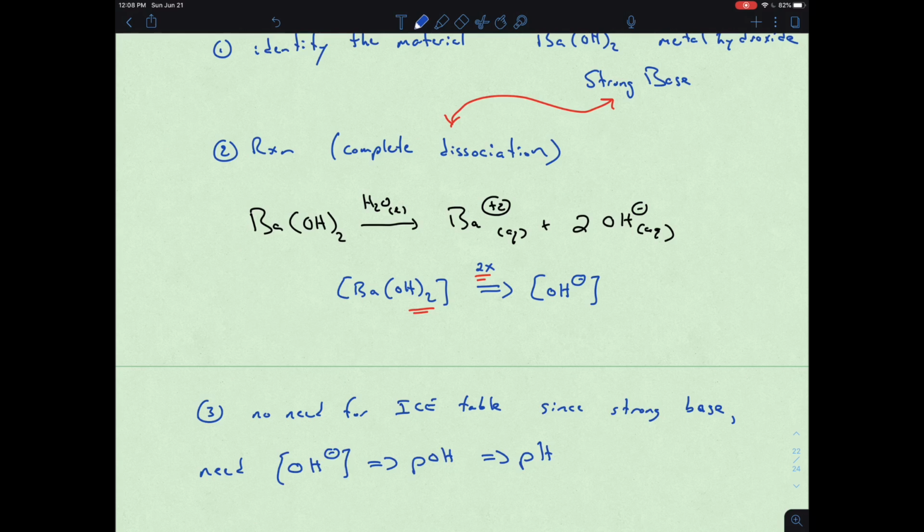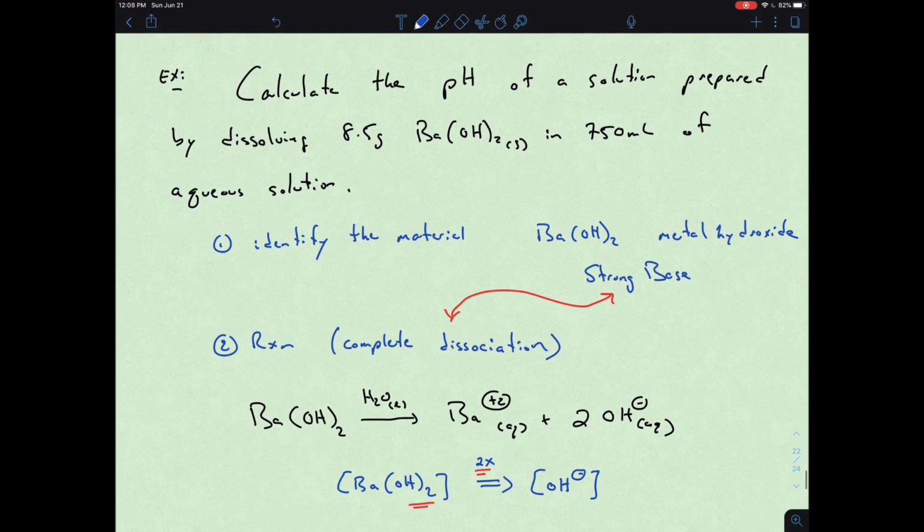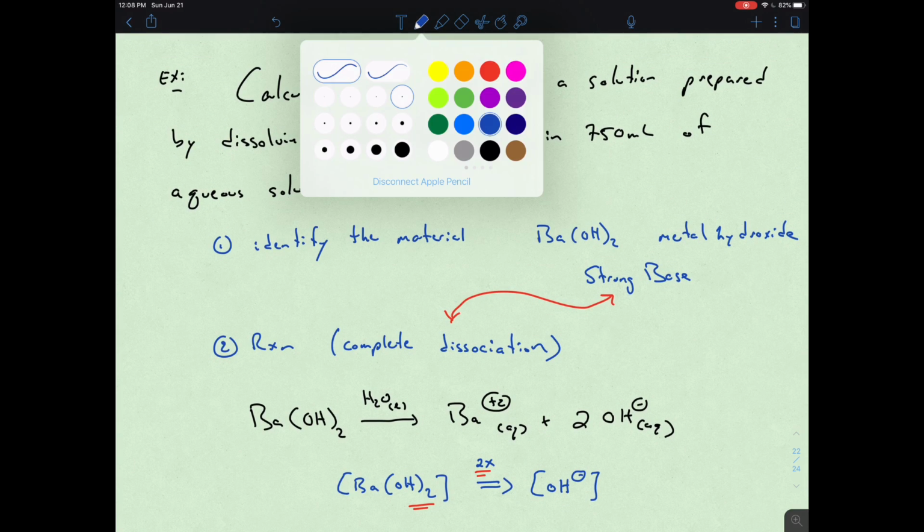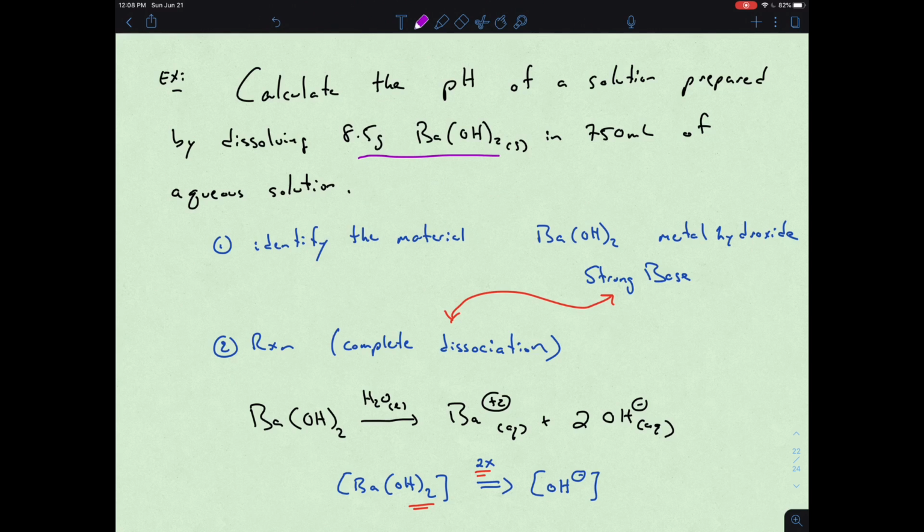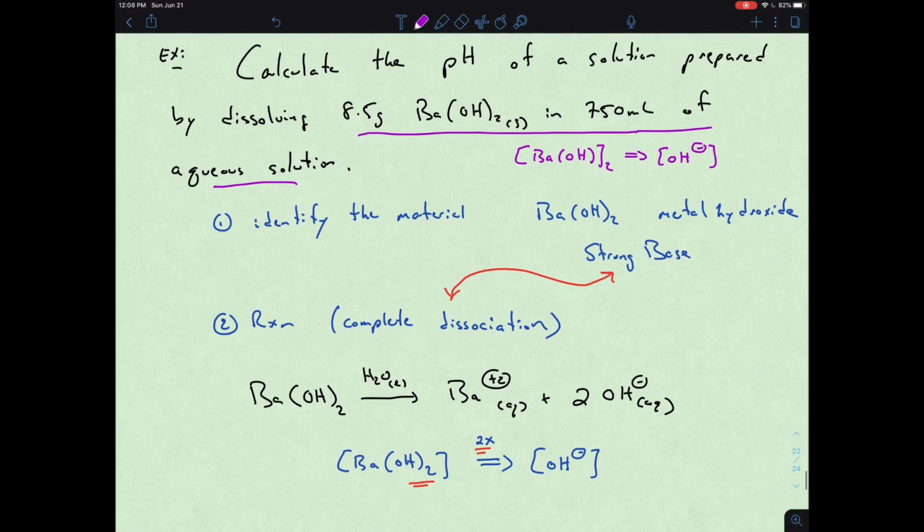So looking back at the question, we have the ability here with the 8.5 grams and the 750 milliliters of aqueous solution. That's allowing me to figure out my barium hydroxide concentration, which now gives me access to hydroxide.